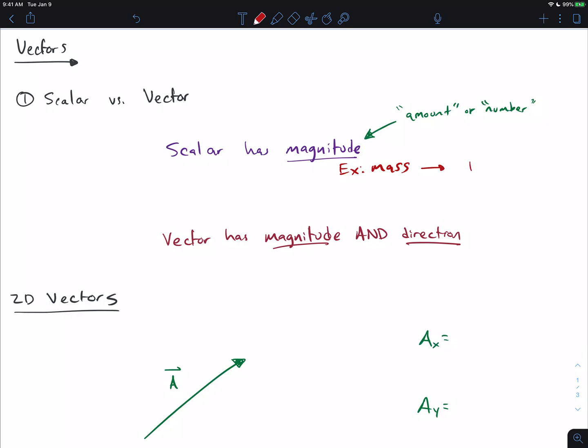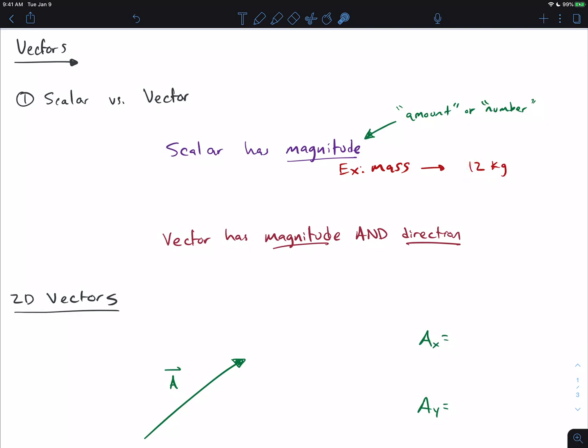So I can say 12 kilograms, right? That's all I need. When I'm talking about mass, I don't need any other information except for a magnitude, an amount. So a magnitude can be greater or smaller, right? It can be 20 kilograms in this case, or it can be smaller, 2 kilograms. But that's it. It's just a number.